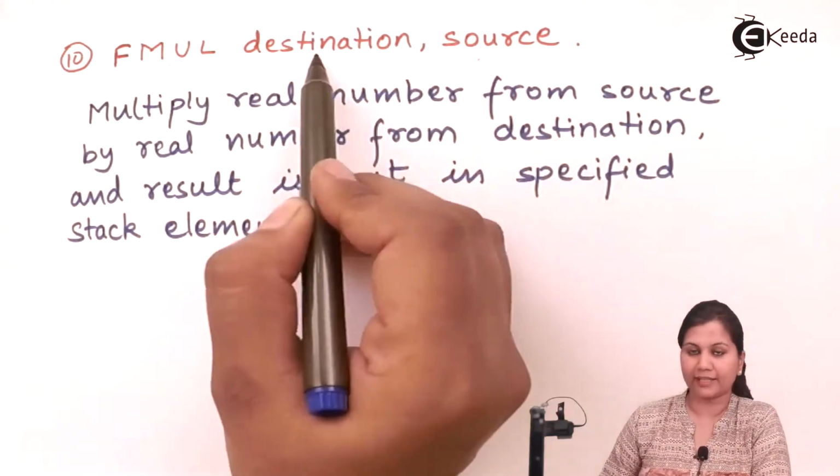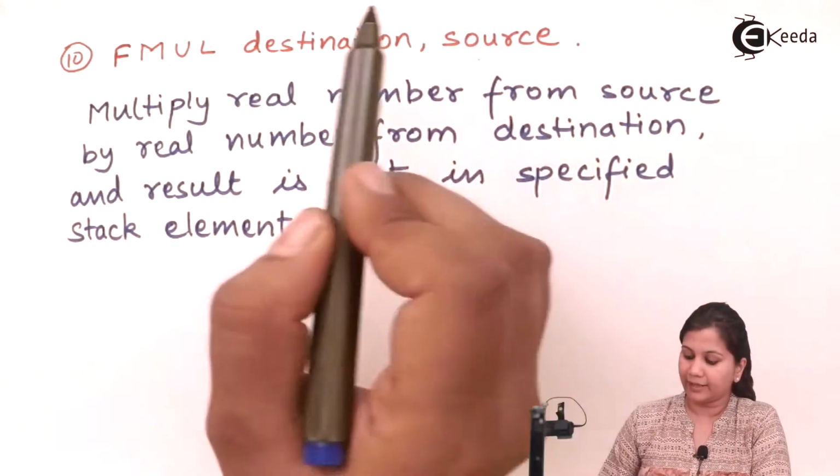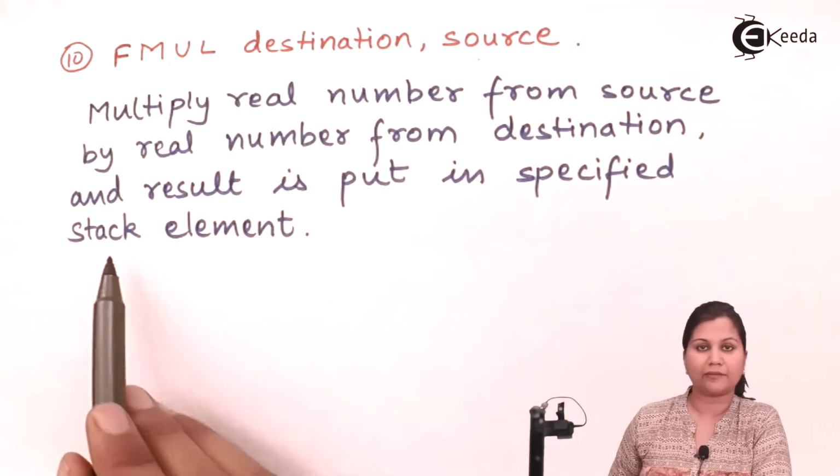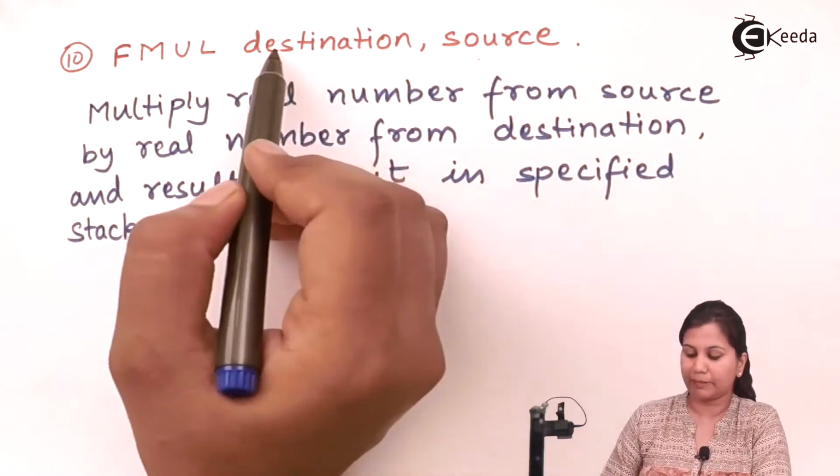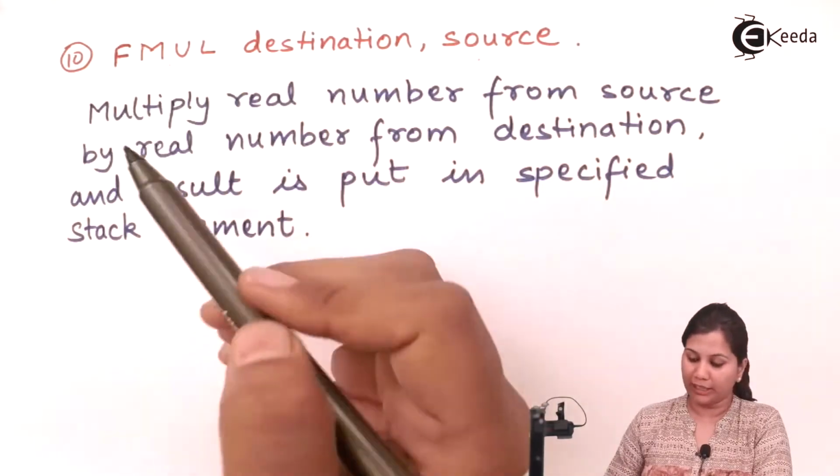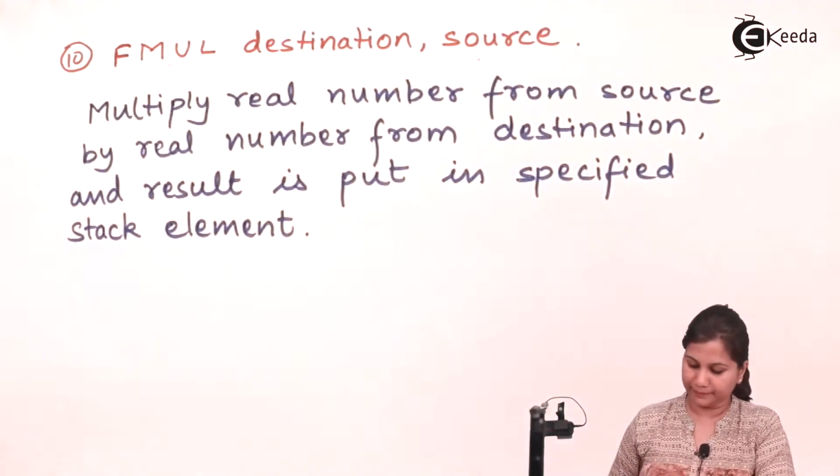So source and destination are multiplied, and the result is put in the specified stack element, which is the specified destination. Let's take an example of this.